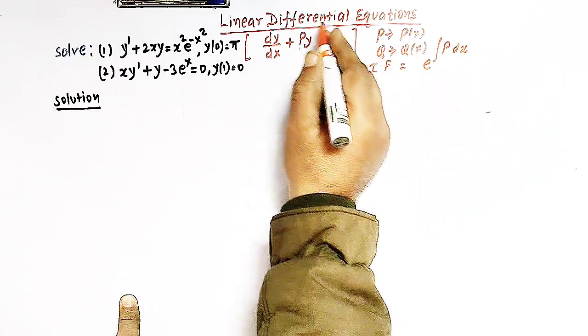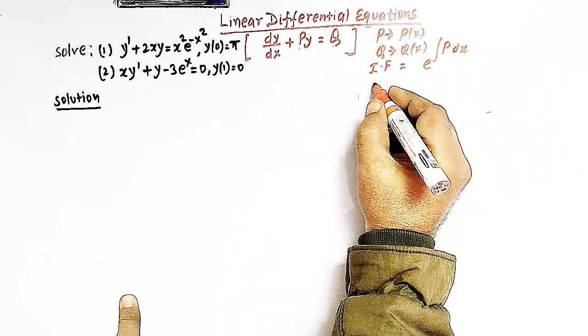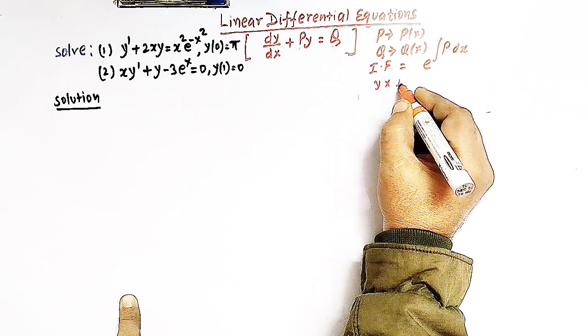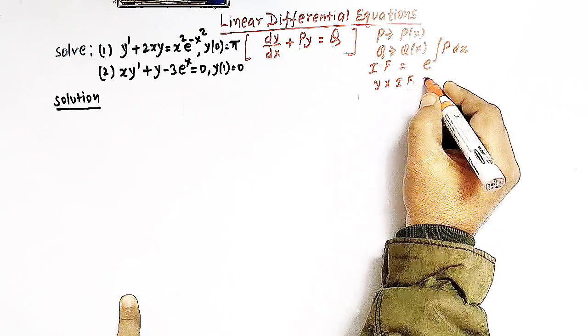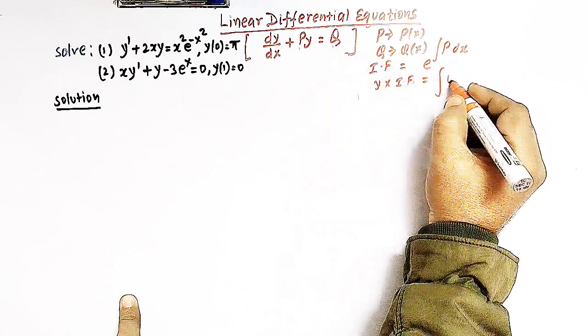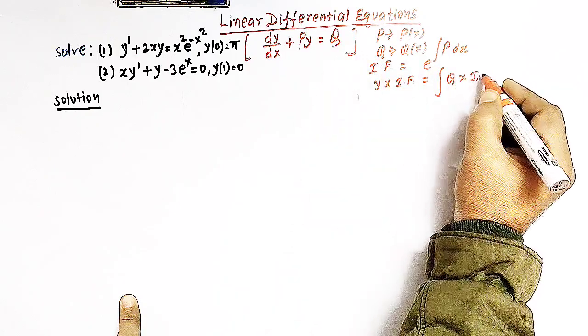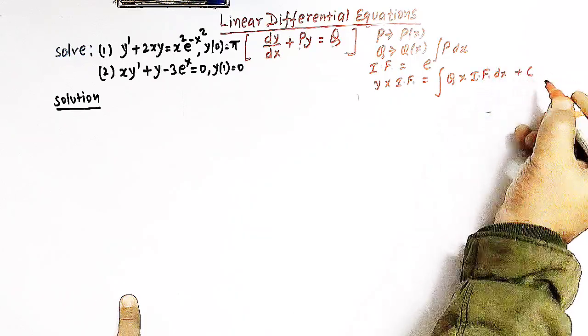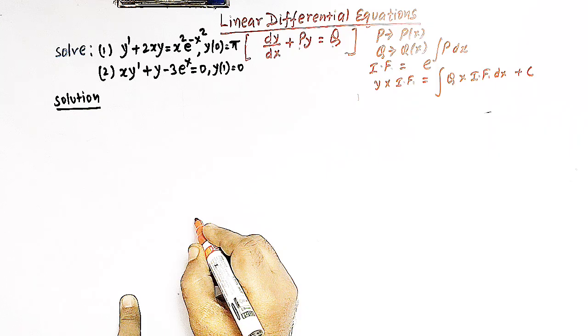And the solution of this differential equation is given by y times the integrating factor, equal to the integral of q times the integrating factor dx, plus c, and c is the constant of integration, right?